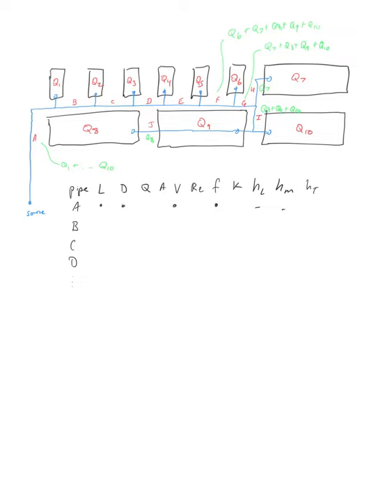Then I could have another table below this where I look at each garden bed, and let's say I number the garden beds 1 through 10 in the same way that the flows Q1 through Q10 are numbered. So if we say garden bed 1, 2, 3, 4, etc., we can say, well, what are all the losses as we go to bed 1?